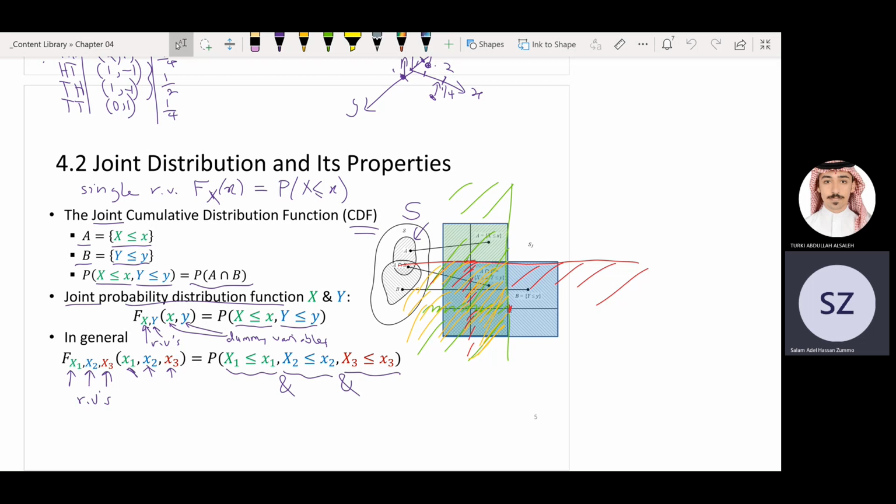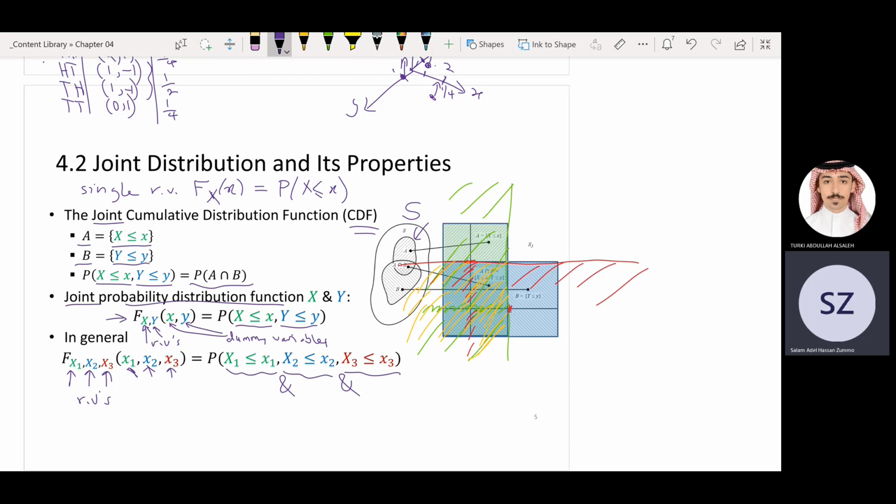Then the cumulative distribution function will be defined as F_XY, where XY represents the two random variables X and Y, evaluated at specific numbers, small x and small y, which is defined as the probability that X is less than or equal to a specific x, and at the same time Y is less than or equal to a specific y.